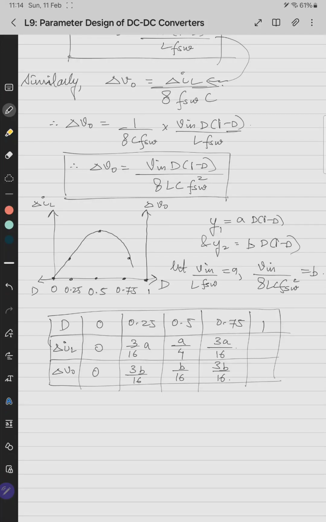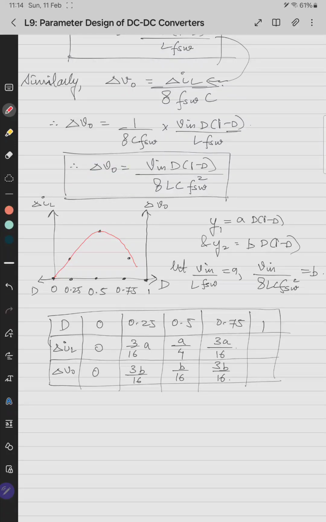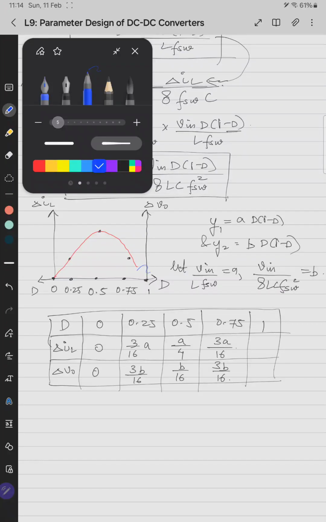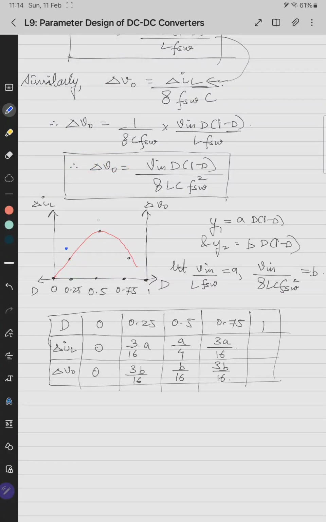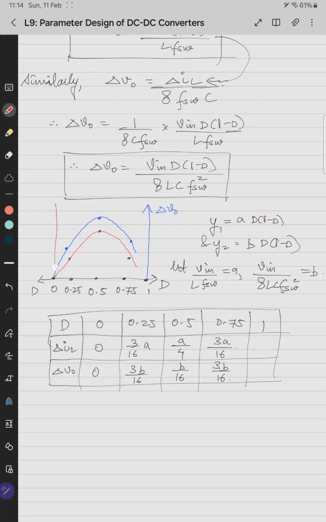Okay, I'll use some other color. This is delta V naught, and this y1 axis is delta IL.